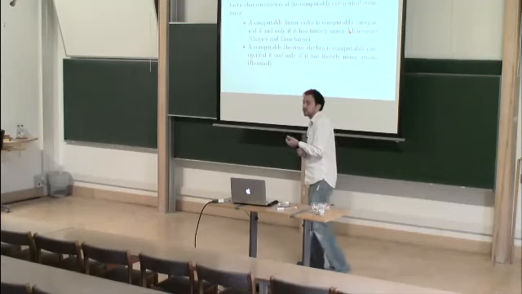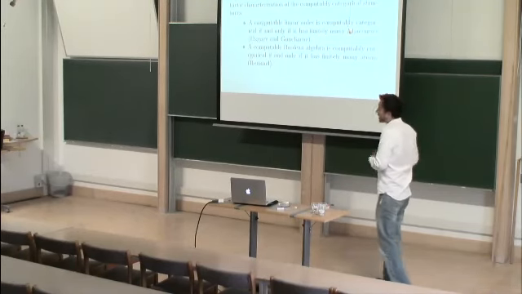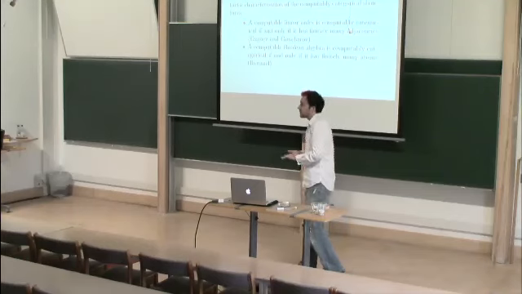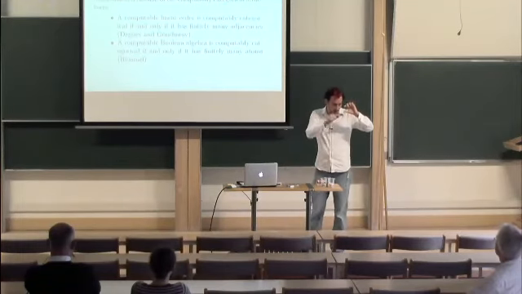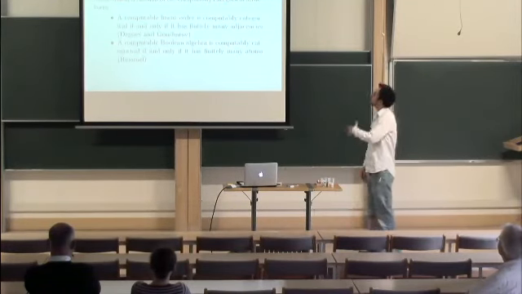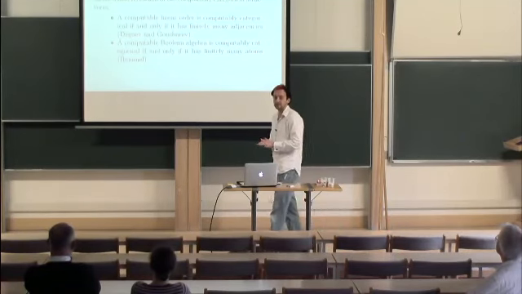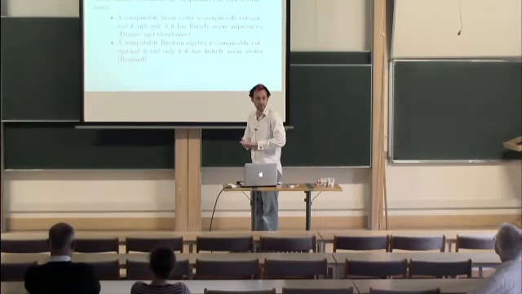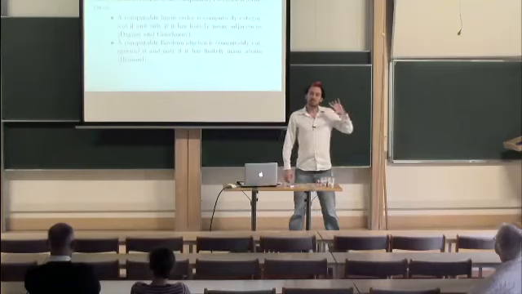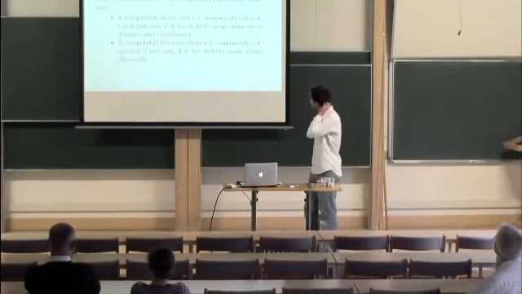For computable linear orders, they're computably categorical if and only if they have finitely many adjacencies: finitely many pairs of elements A and B such that B is above A and there's nothing in between. For computable Boolean algebras, they're computably categorical if and only if they have finitely many atoms. So for these specific classes we get a nice characterization, but can we do anything like that in general? That's the question.